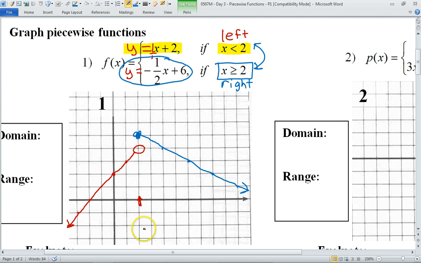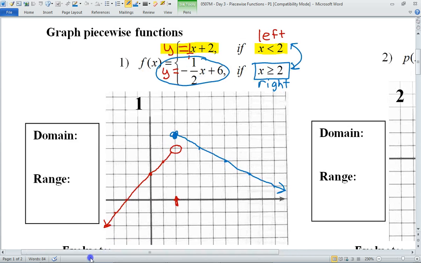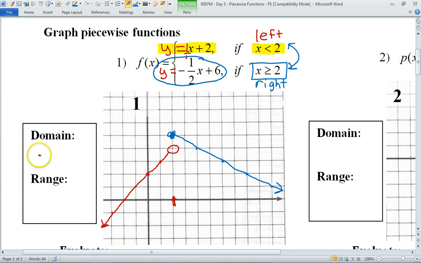Okay, domain and range. We still have to be able to know the domain and range. I bet most of you will guess correctly the domain for this one. Come on, people. What's the domain? Yeah, it's still going to be negative infinity to positive infinity. It goes left forever, it goes right forever. Is the range going to be negative infinity to positive infinity?